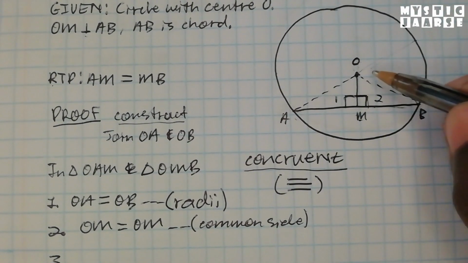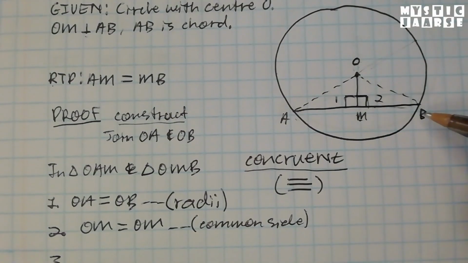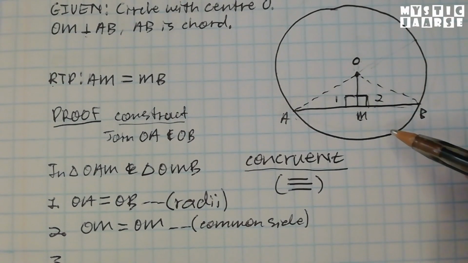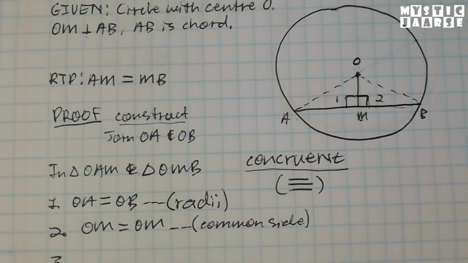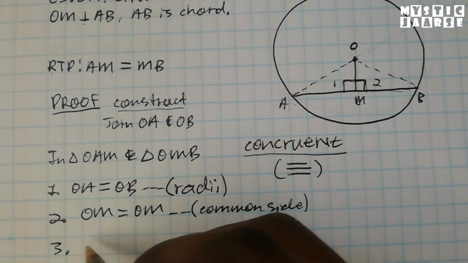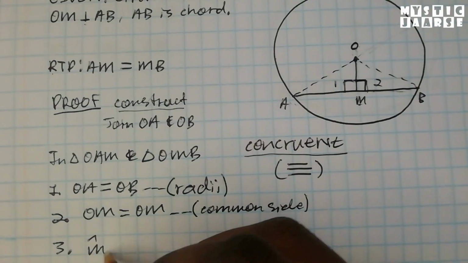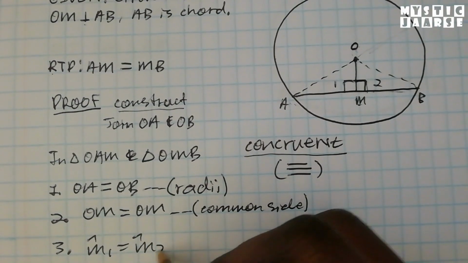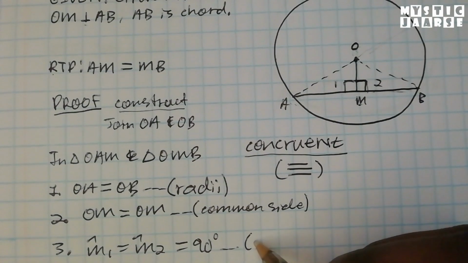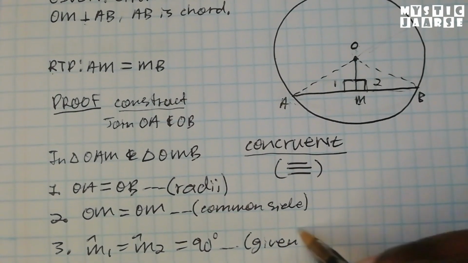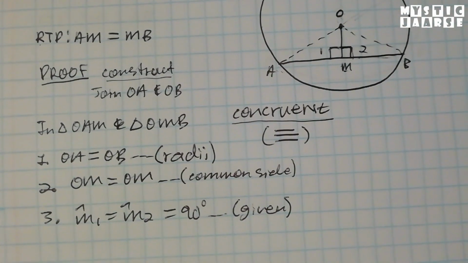If they gave us that angle OMB is 90 degrees, then we can conclude that angle OMA is also equal to 90 degrees. We say angle M1 is equal to angle M2 is equal to 90 degrees. That information was given to us.